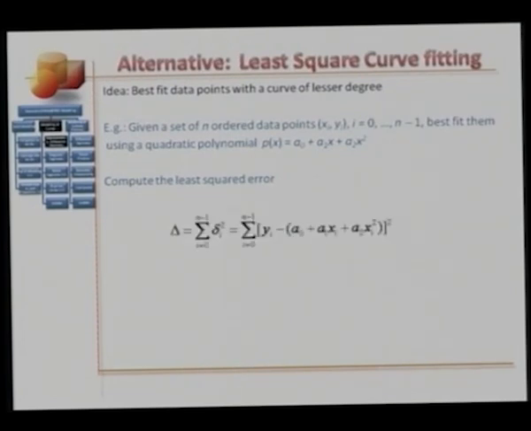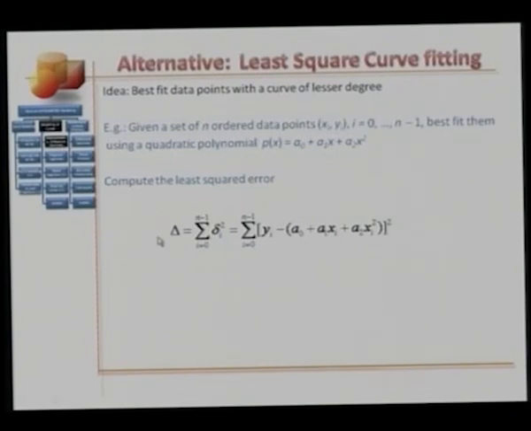The least squared error is given by capital delta, which is equal to summation i going from 0 to n minus 1 of individual errors delta_i squared, which is equal to summation i going from 0 to n minus 1 of (y_i minus (a_0 plus a_1 x_i plus a_2 x_i squared)), the whole square.